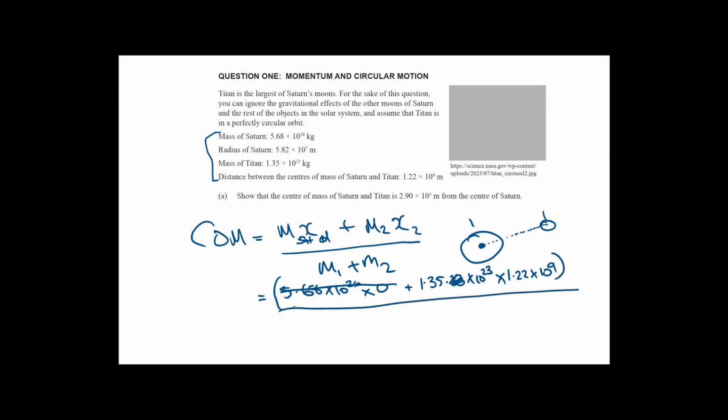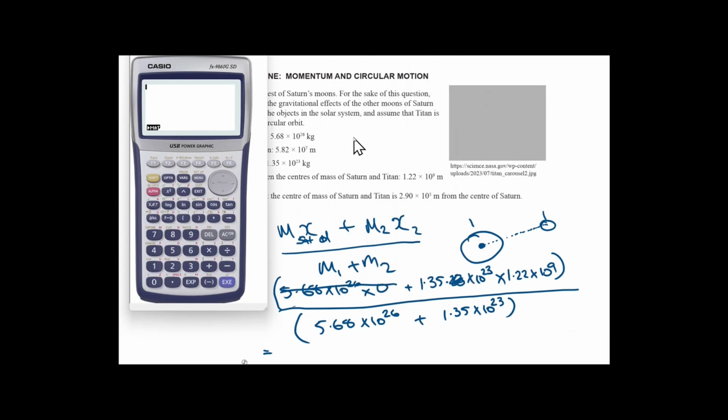Okay, and then we need to add both of those masses together. So let's do Saturn first: 5.68 times 10 to the 26 plus 1.35 times 10 to the 23rd. Close it off. We've got everything we need, and we grab our calculator.